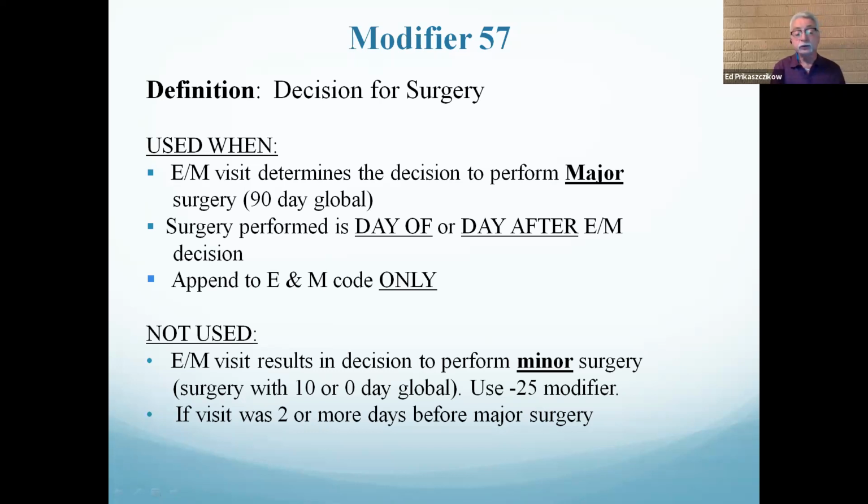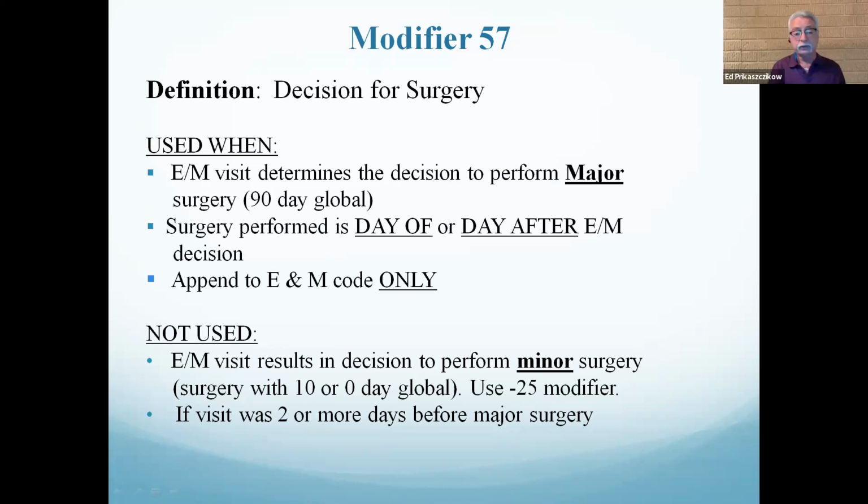Now, it's not used when we're doing minor procedures with a 0 to 10-day global, and it's also not used if you did the E&M visit 2 or more days before the major surgery. So let's say you get called into the hospital to see a patient for an ankle fracture, and there's swelling, it's just out of control. You know you're not going to be doing surgery on them that day or the next day.